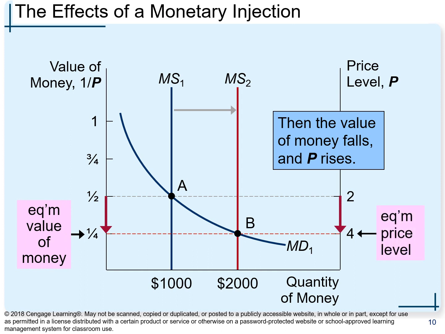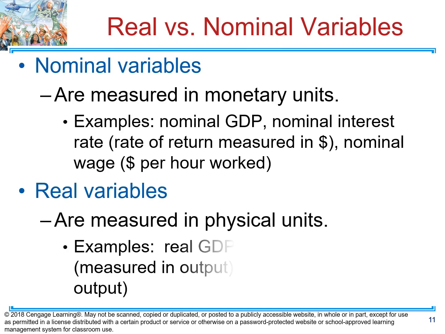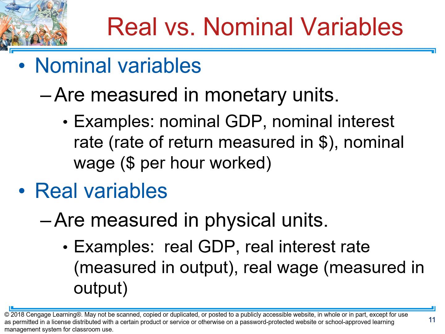And then the new equilibrium is point B, and the value of money goes down from A to B, and then the level of price goes up. So using this diagram, we know the relationship between the value of money and the price is a negative one, right? Just remember that.